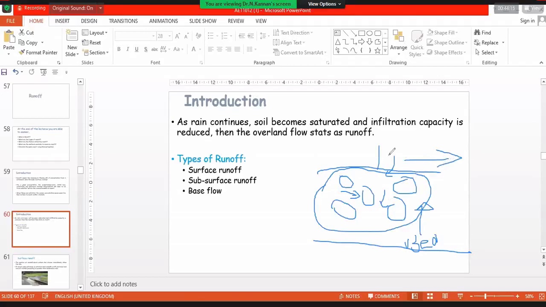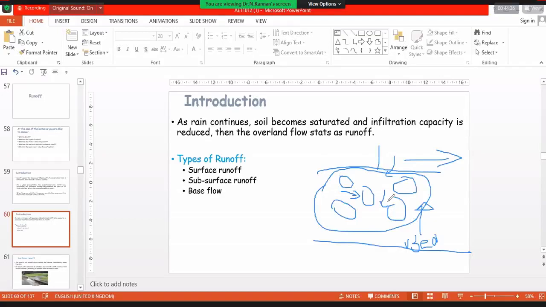If there are certain pores still to be filled, the precipitation will move vertically just to fill them. That is very, very important, right? There are different types of runoff.